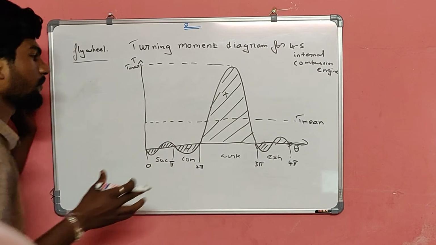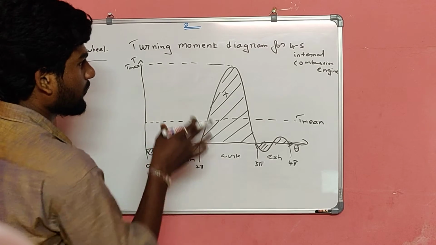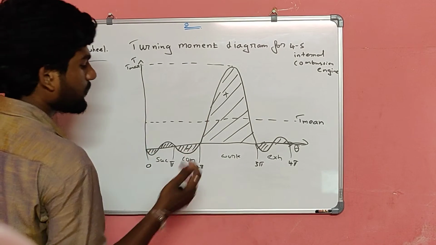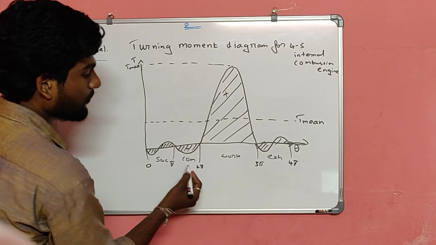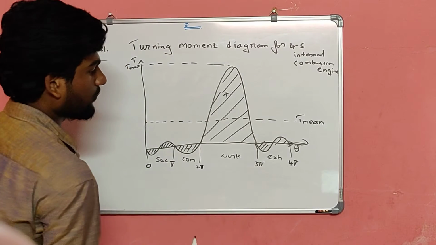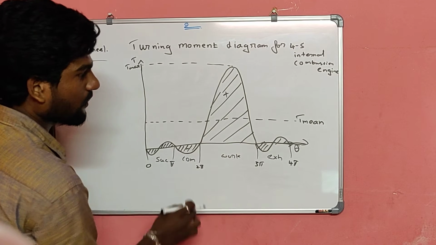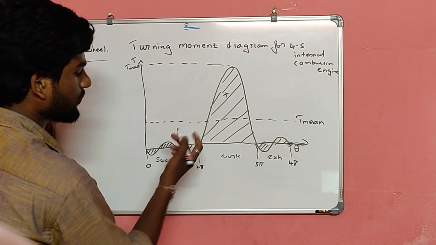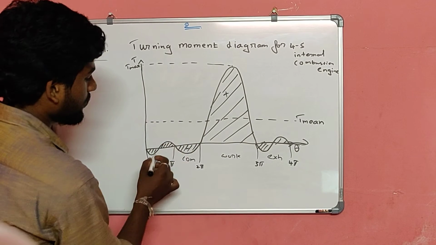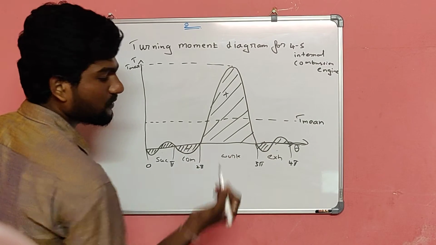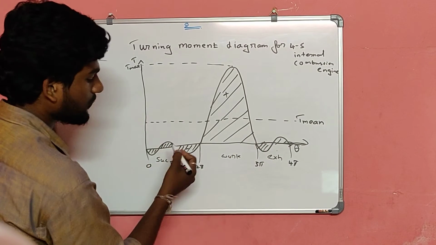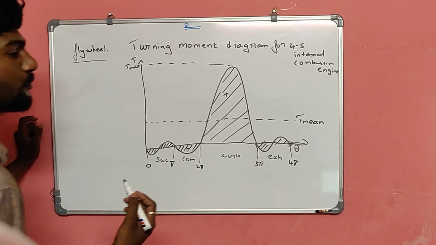So for example, we will have a 4-stroke internal combustion engine, where in the suction, compression and exhaust strokes we have to give the power. Mainly in the compression stroke, the work is done on the gas by the piston. In these two strokes I have considered inertial force, so there are partially negative and partially positive loops.